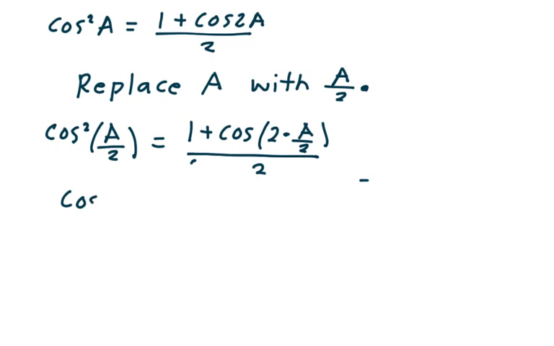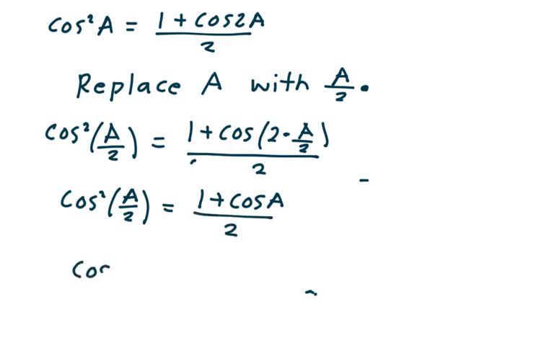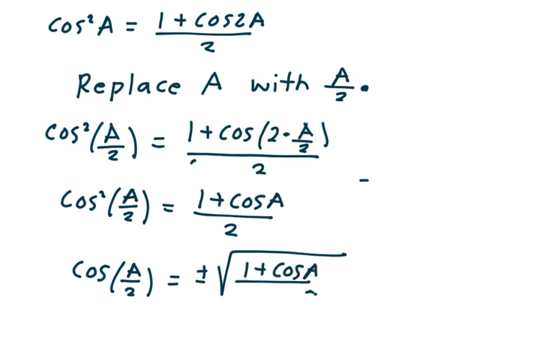And so cosine squared of A over 2 is (1 plus cosine A) divided by 2. And so cosine of A over 2 is plus or minus the square root of (1 plus cosine A) divided by 2. So we have a half-angle formula for cosine. And again, the plus or minus is determined by the quadrant in which the angle A over 2 belongs to.